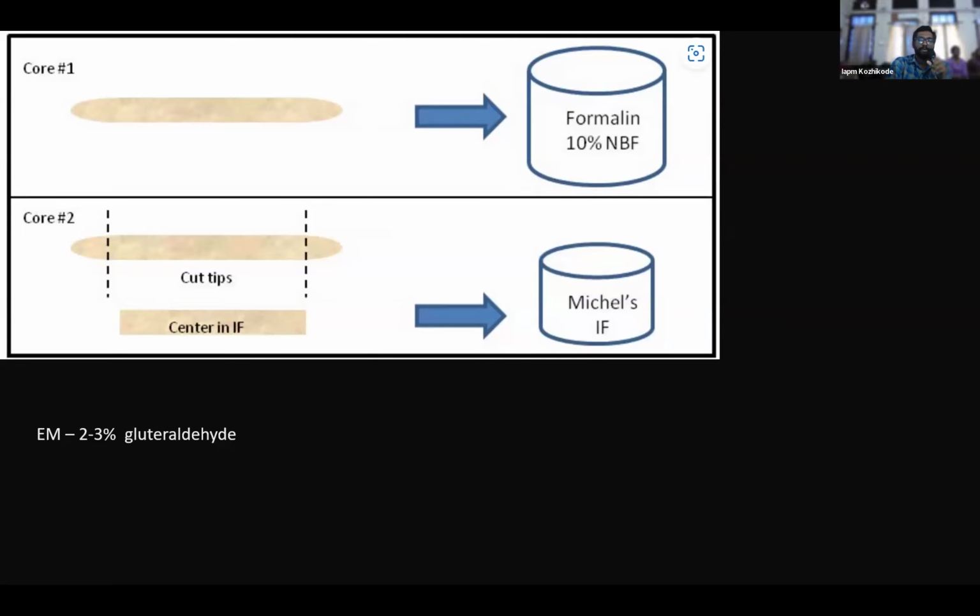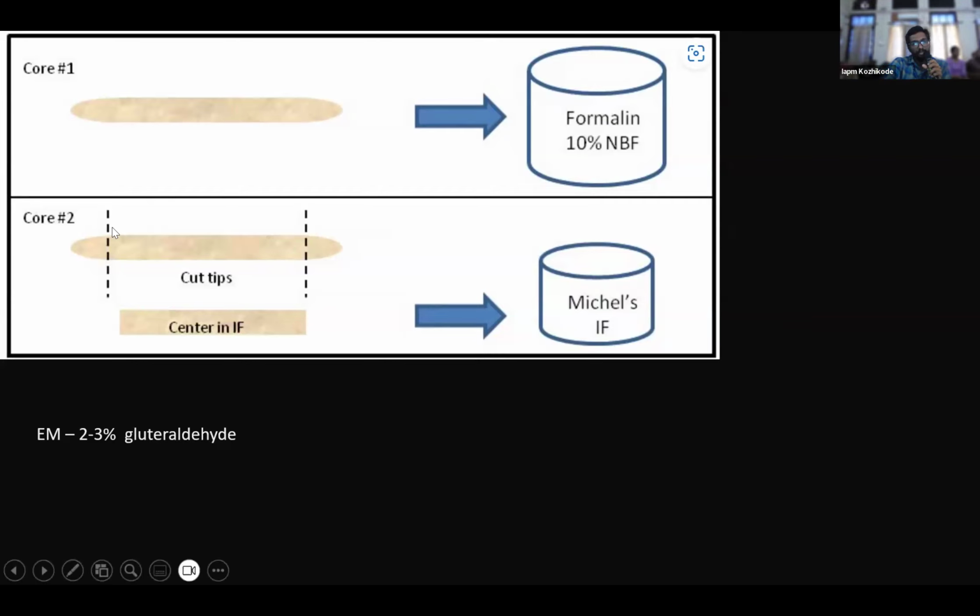It is important that the bits used for IF contain at least 4 or 5 glomeruli, because both techniques need a lot of skill, manpower and resources. Both EM and IF are costly, and important for the patient.